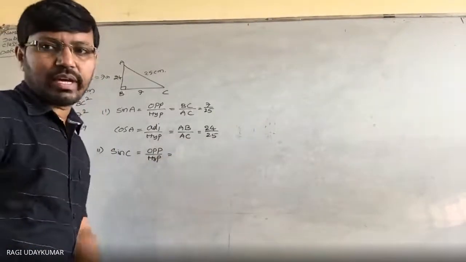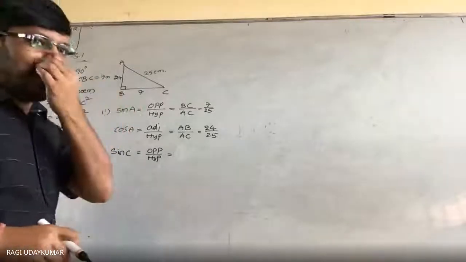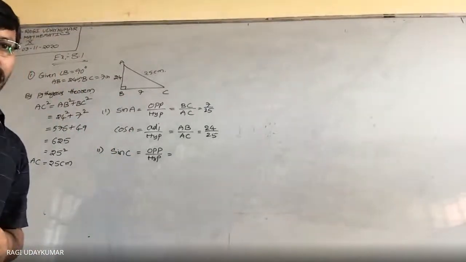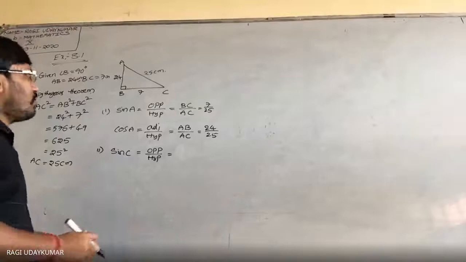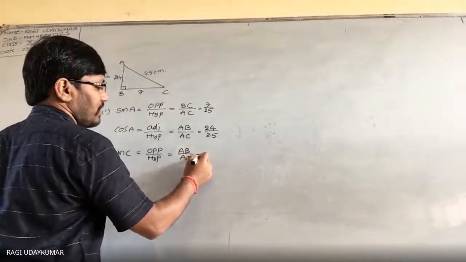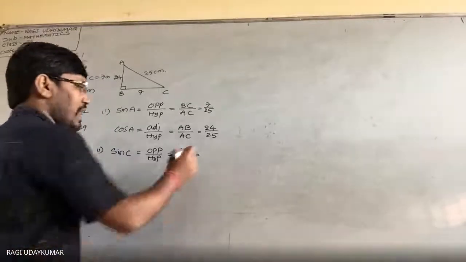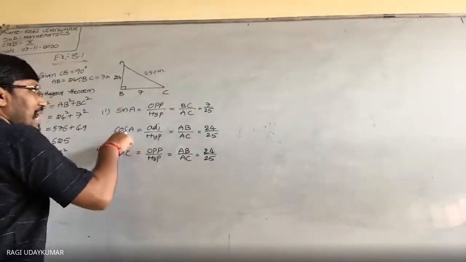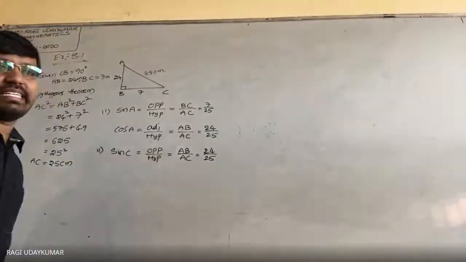Opposite to C, what do you have? 24 by 25, but first write the side names, AB by AC. Then 24 by 25, and you observe that cos A is equal to sin C.